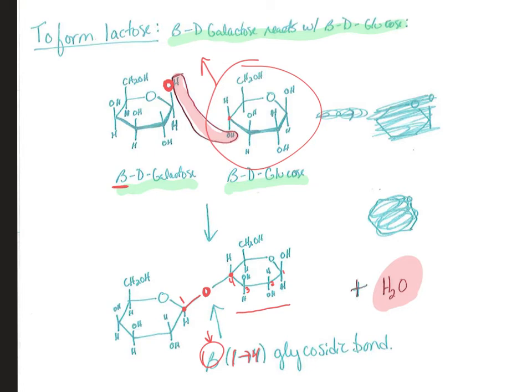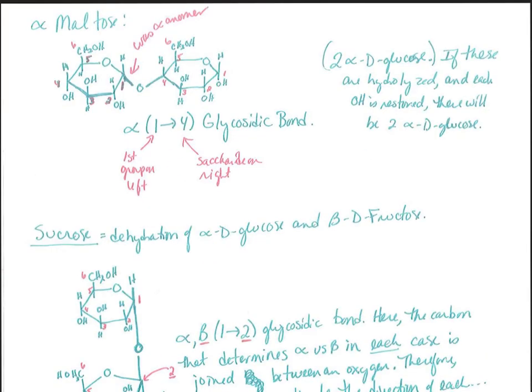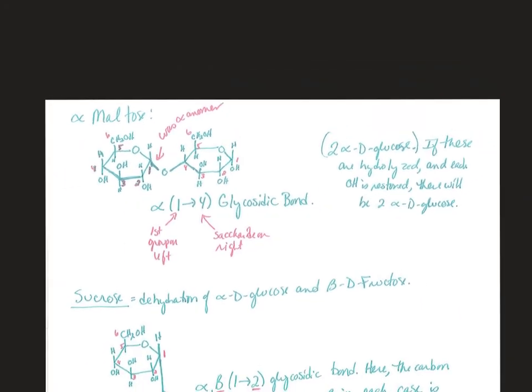Okay, let's look at another example. If we're looking at maltose, or alpha maltose specifically, then we've got 2 alpha D glucose involved. I'm going to use a different color here. See how I've numbered these carbons as 1, 2, 3, 4, 5, and 6.